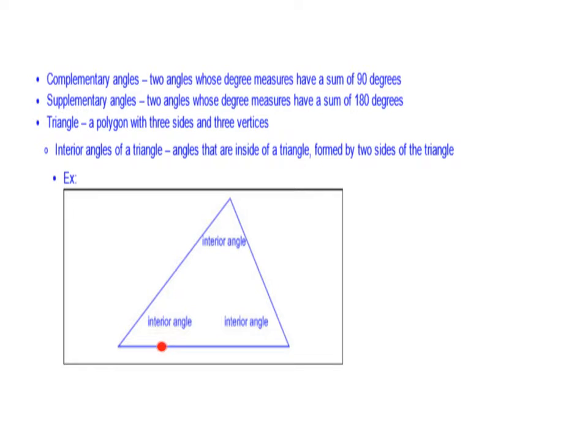So this interior angle is formed by this particular side and this particular side. This interior angle is formed by this side and this side. And of course, this particular angle is formed by this side and this side.